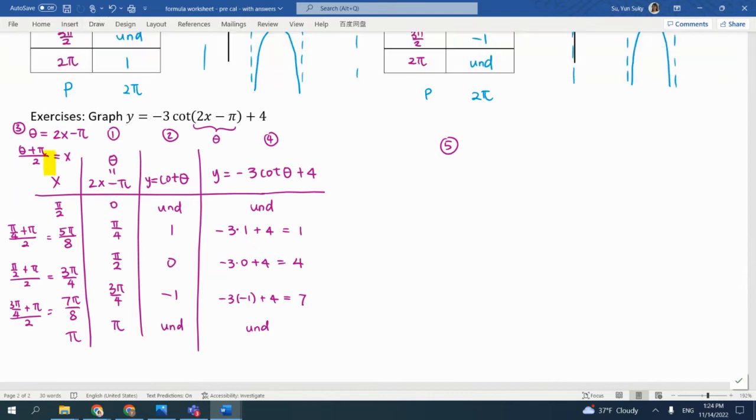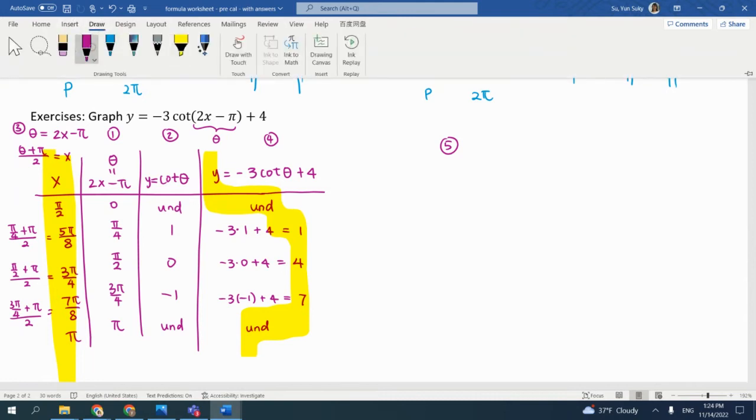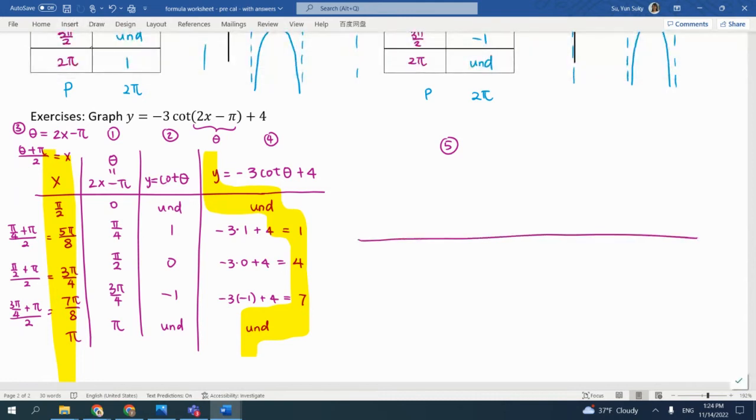Okay, step 5. You're going to plot your x and your y. Do you see you get at most pi, right? So you can adjust your scale.